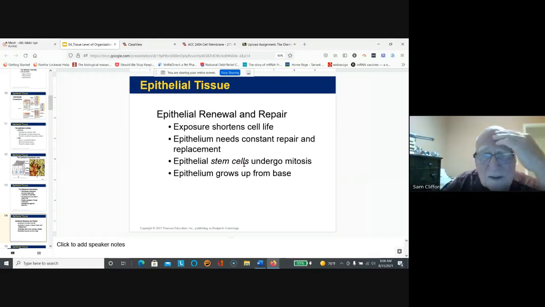Epithelial stem cells undergo mitosis, and they grow from the base. So the lining of your skin, the lining of your gut, those are two major places where cells are constantly growing and dividing to keep the supply of cells so that the lining of the gut does not leak.